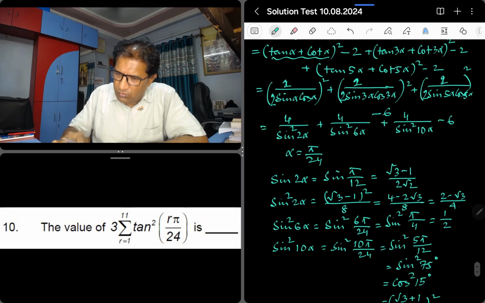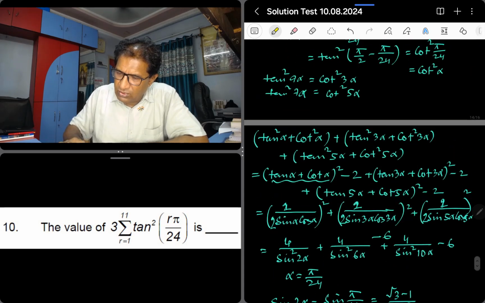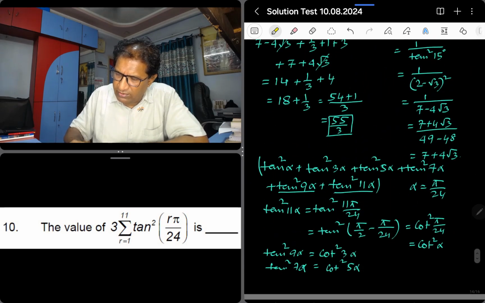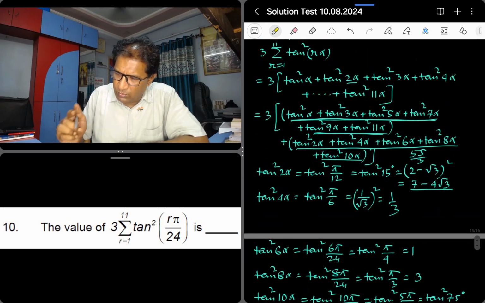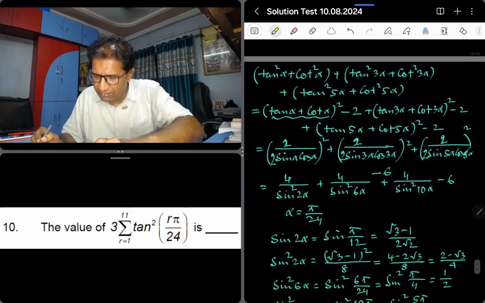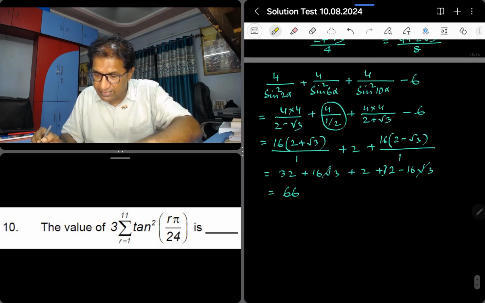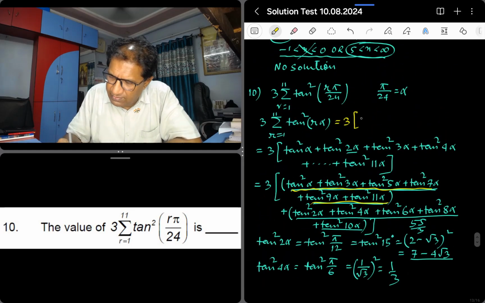So for the first one, let me change the color of the pen. For the first one, just now we got the value. So it's basically 3 times, we are getting 64, right? If I'm not wrong, it's 66, I'm sorry. So we are getting this thing as 66.